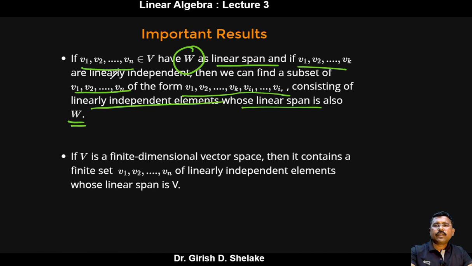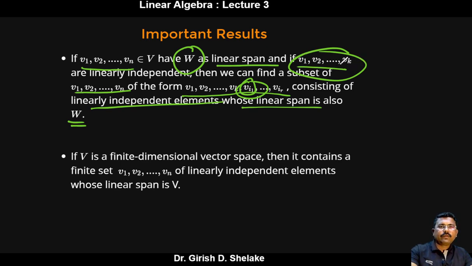It means if we have a set of vectors having some span W, and a subset of this set which is linearly independent, then by adding some vectors to that set, the set becomes again linearly independent and its span is capital W. So it is always possible to add some vector, because originally this set is linearly independent, and we try to add another vector, for example vi1, such that the set remains linearly independent.